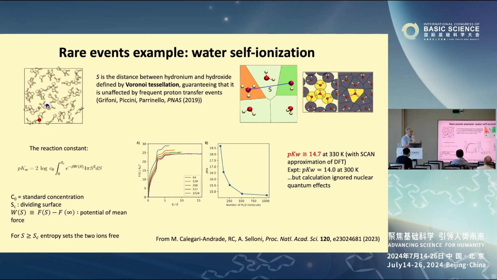Since hydrogens are involved here, in the quantum mechanical case there is indeed an isotope effect on the pKw that is more than 1 pKw unit, and that will lower the pKw. So this is one example.